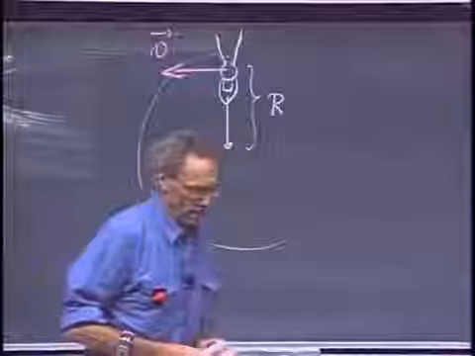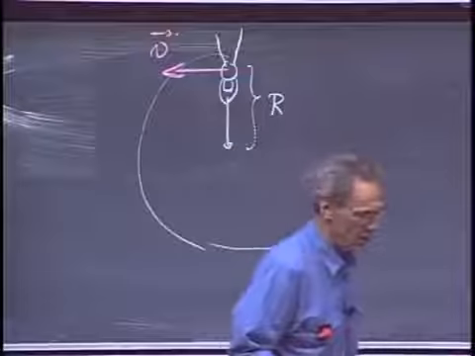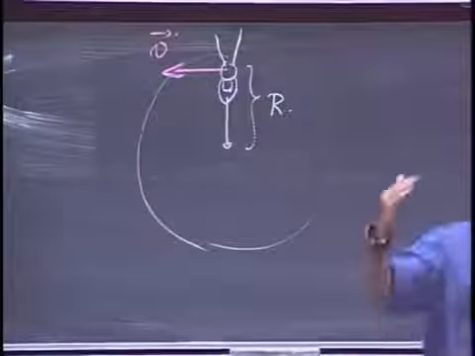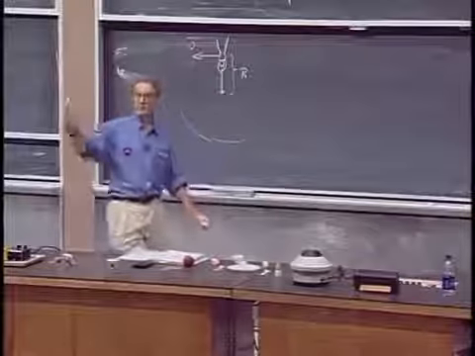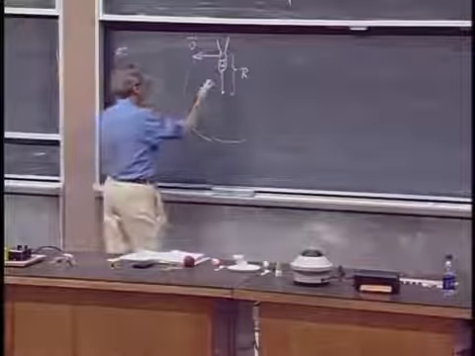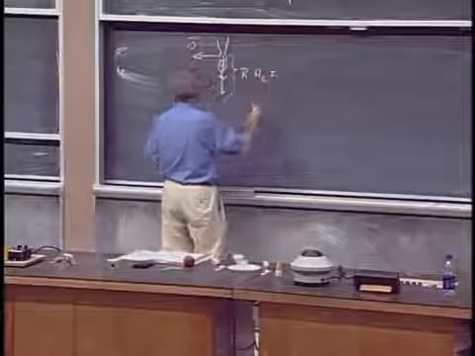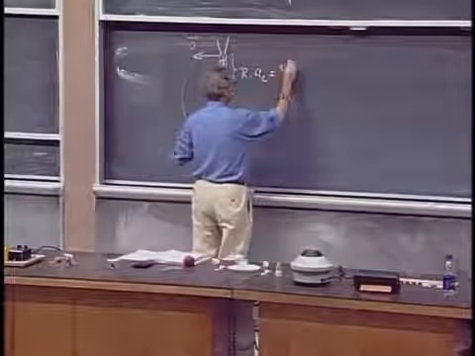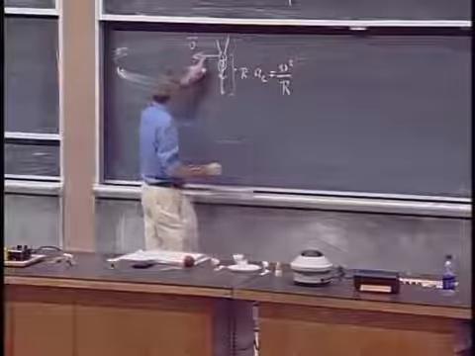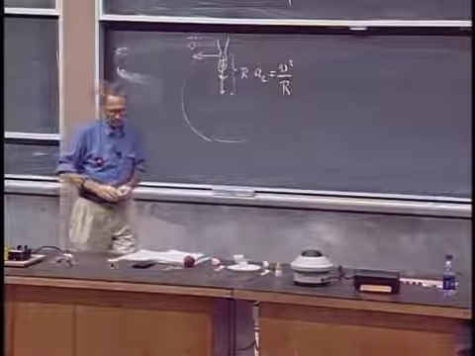And so you need a certain centripetal acceleration to go around in that curve. So you need a centripetal acceleration, A of c, which is, you can take the v squared divided by r, if you like that. This is the magnitude of that v.